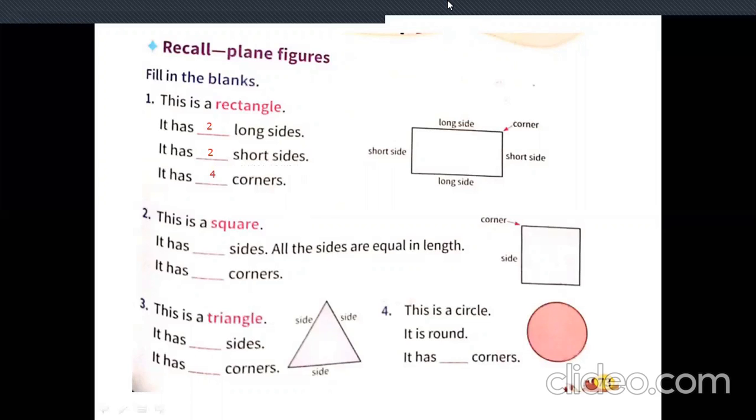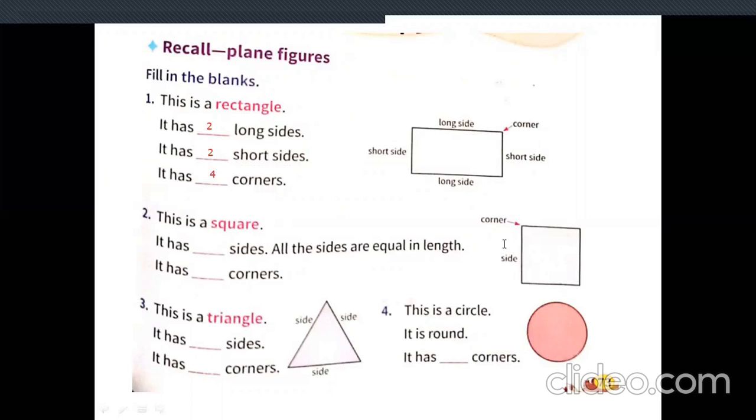A rectangle has 2 long sides, 2 short sides, and 4 corners. 4 corners are nothing but the sharp edges of the lines, the sharp edges where two lines meet. They are called corners. So a rectangle has 2 long sides, 2 short sides, and 4 corners.